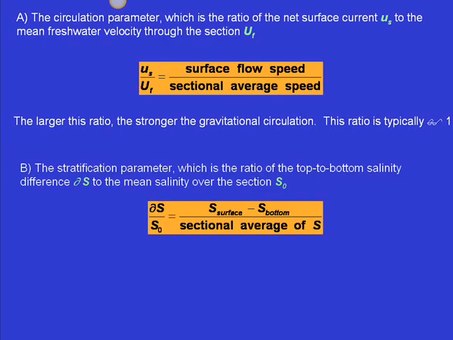What about if we have 25 at the surface and 26 at the bottom, and a cross-section average of 25.5? So this ratio will be 1 over 25.5, so it will be rather small.